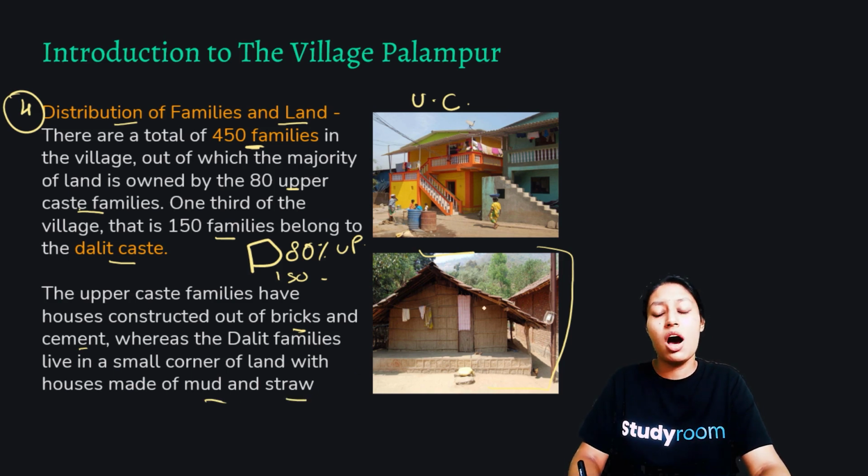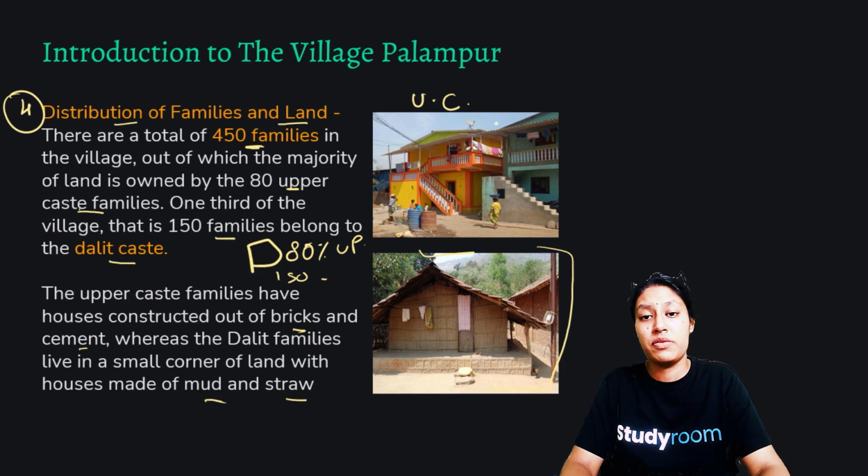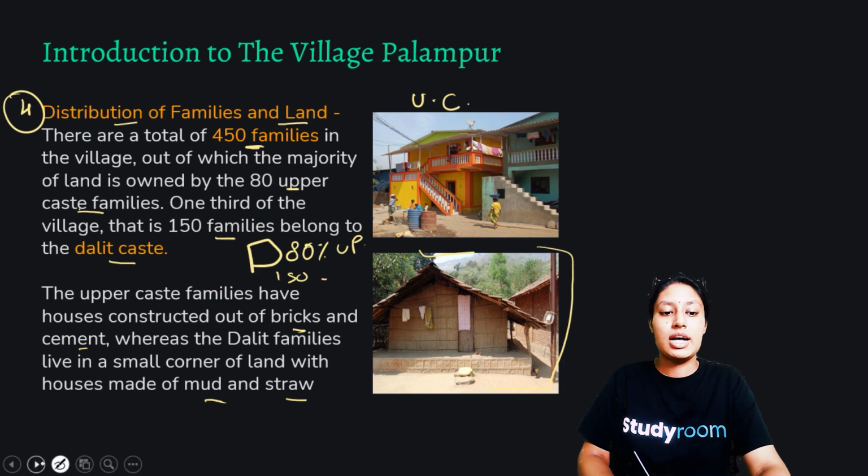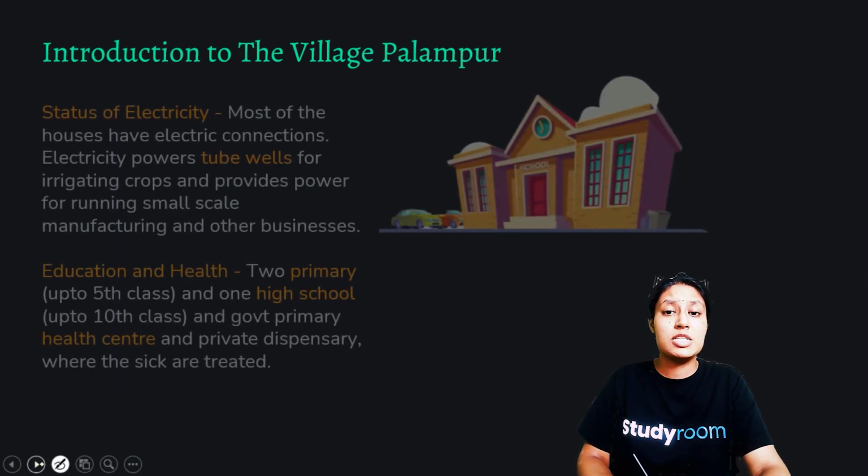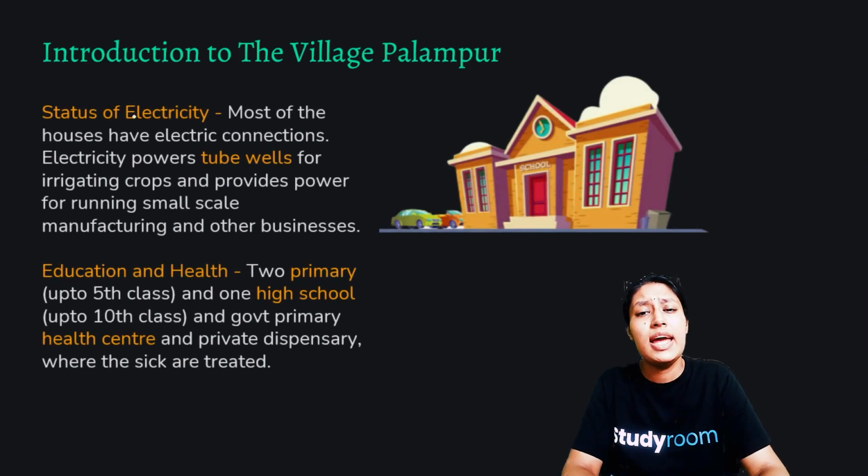As you can see, it's a hut where they live, and the house of an upper caste family is well constructed. Okay. So casteism prevails in Palampur as well, as Palampur has been taken as an example of any Indian village.